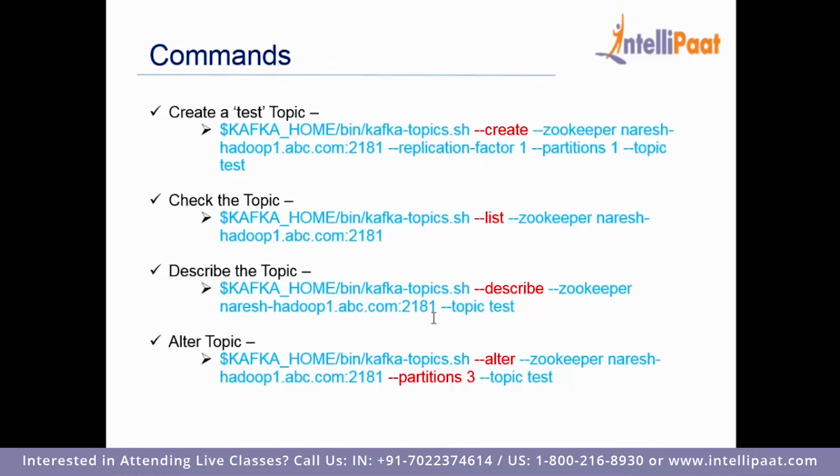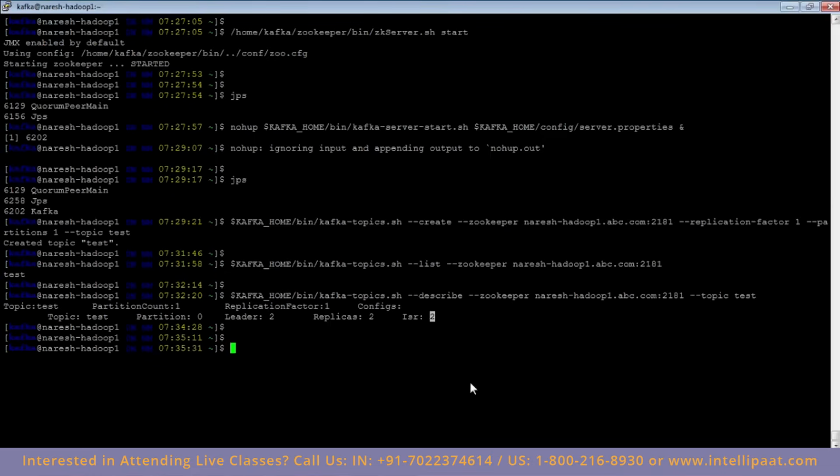Let us see the next command. Now, as we were having only one partition, let us change the partition number to 3. We can use the alter command here, --alter. We can simply mention the partitions that we want. Let us do this.